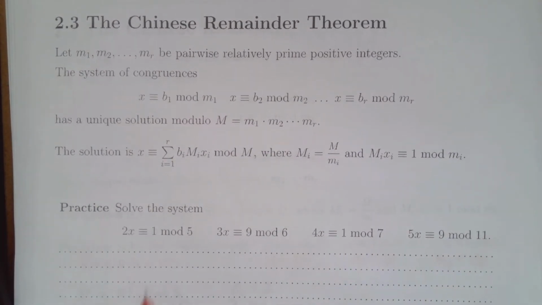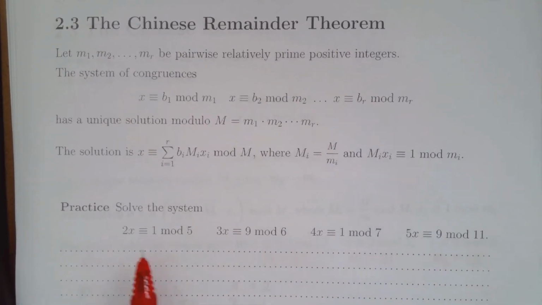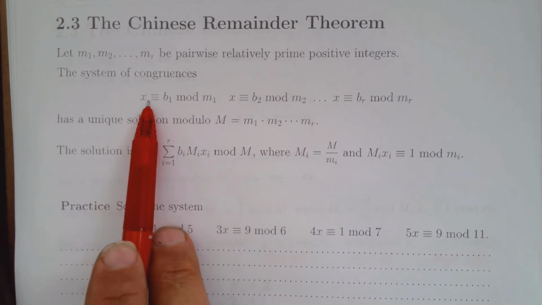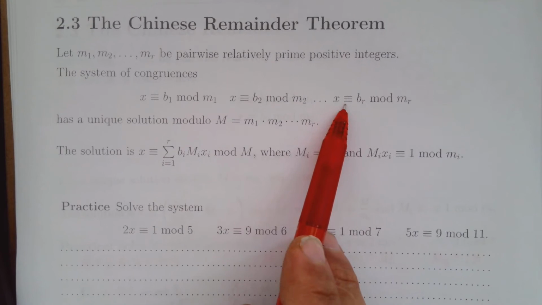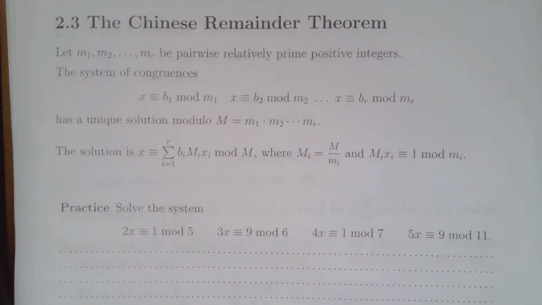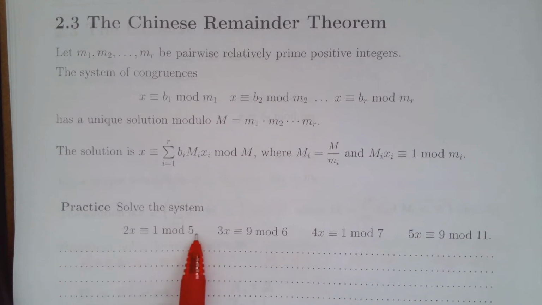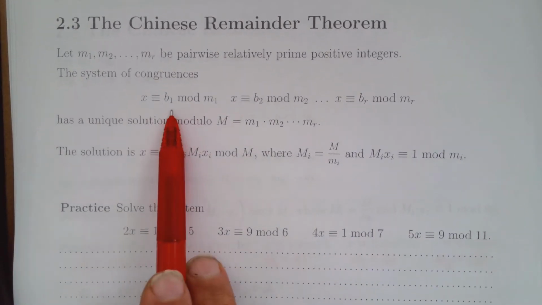Okay, so in looking at this system, we notice that the system is not written as x congruent, x congruent, x congruent. So that means that we have to figure out how to transform these congruences so that I just have x.